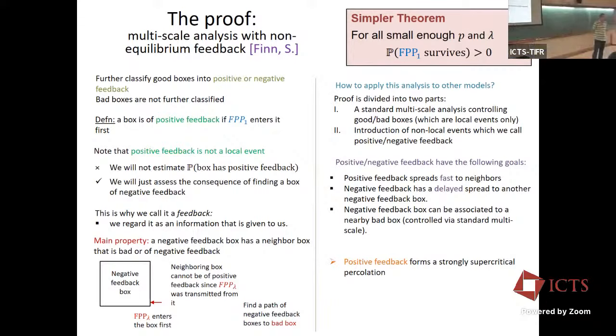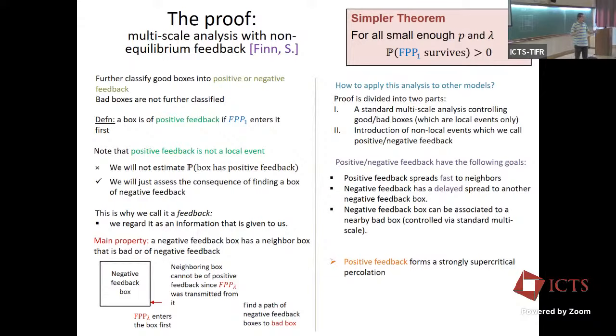You have to analyze what happens if you have a negative box with a negative parent, and essentially all the proofs in the paper go by either induction or contradiction.